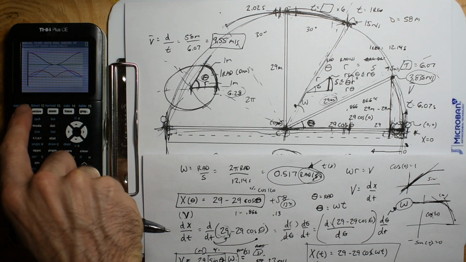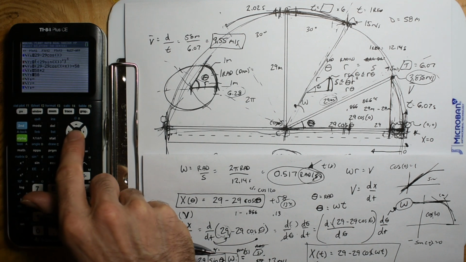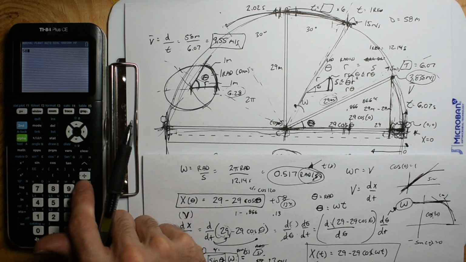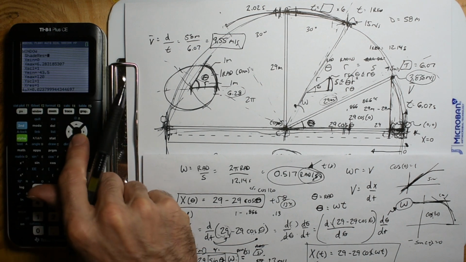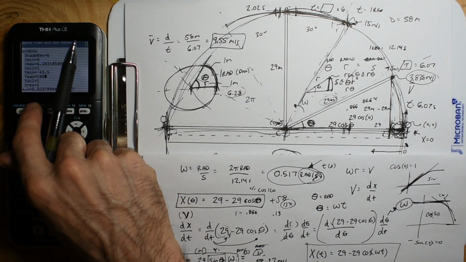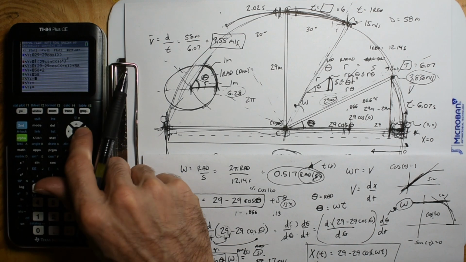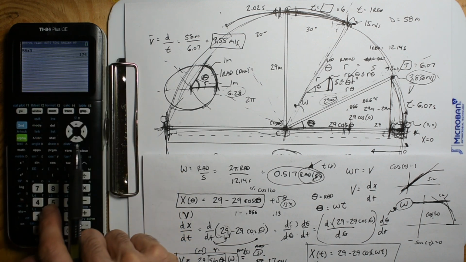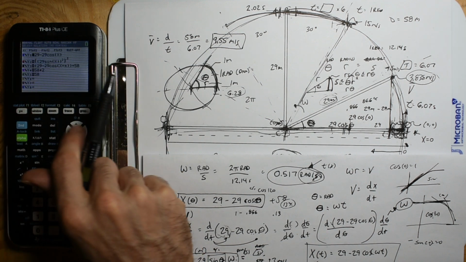But yeah, let's do this. What's 58 times 3? That's 174, so we're going to go up to 180. And then we're going to do another one of these. So at 58 times 2 is 116.